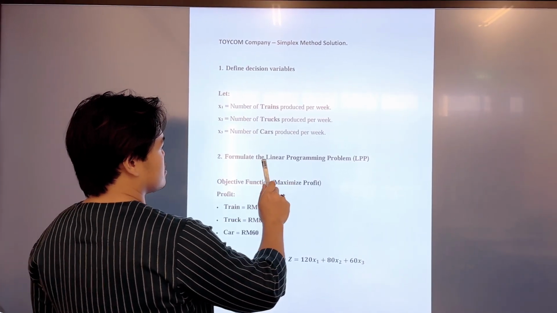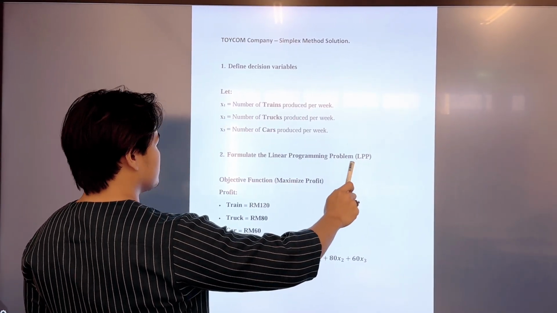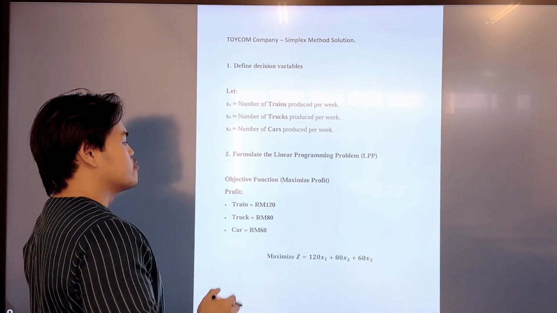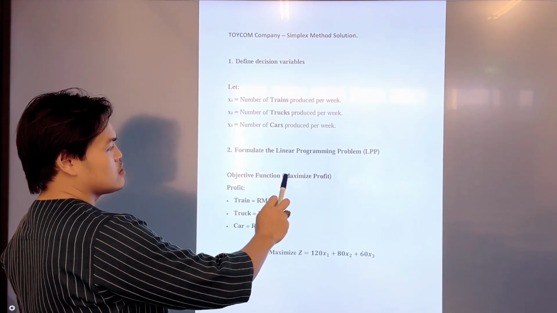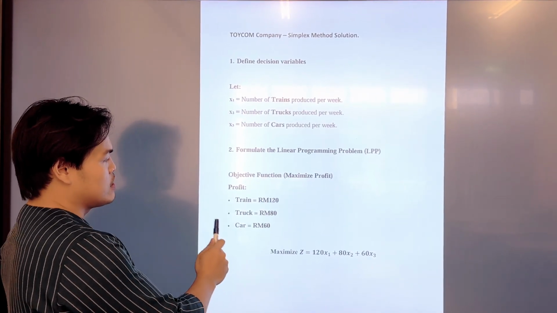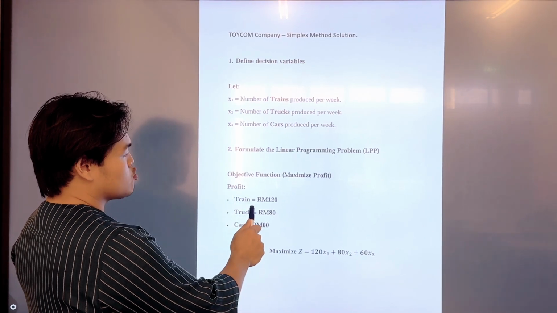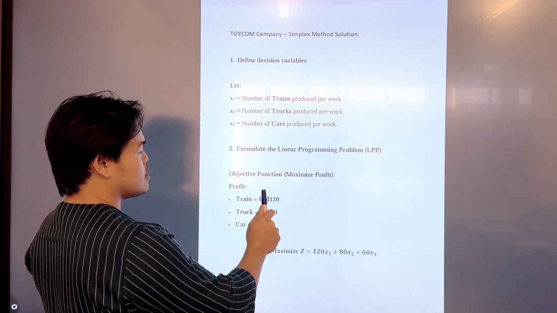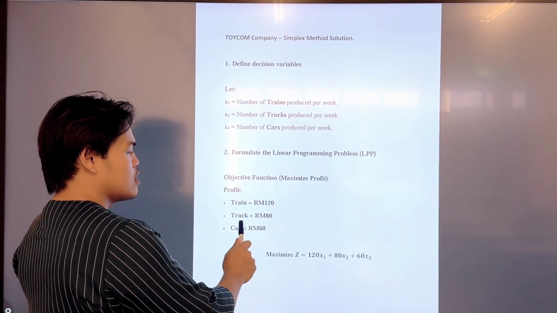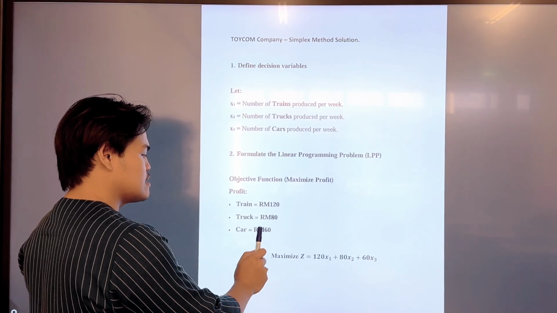To formulate the linear programming problem, the objective function is to maximize the profit. The profit for the train is 120 ringgit, for the truck 80 ringgit, and for the car 60 ringgit.